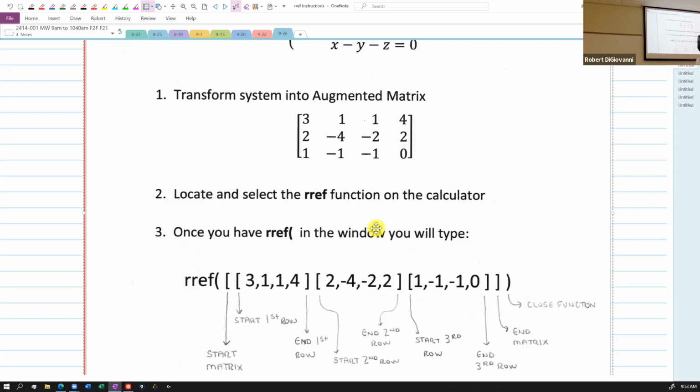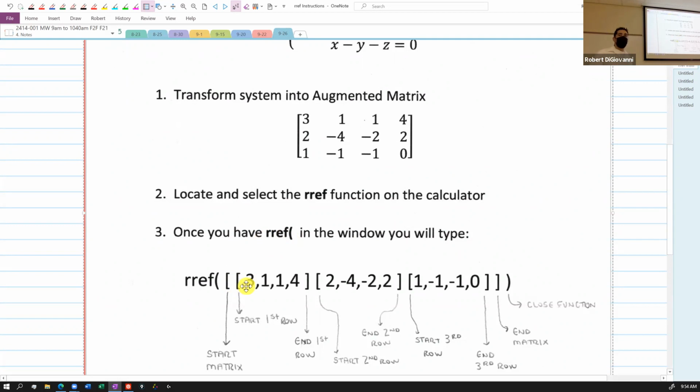So once you have that, remember how you got to it. Go ahead and hit enter and you should be at a screen where it's actually RREF with a parenthesis, and it's blinking, waiting for you, right? You're now going to enter that matrix into the computer. So this is calling up a function, and it's going to do this to a matrix.